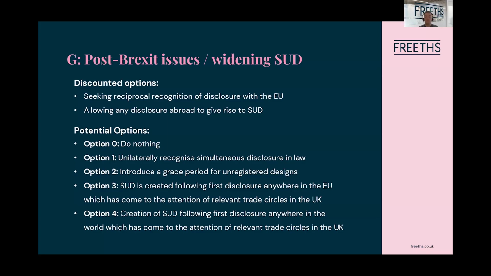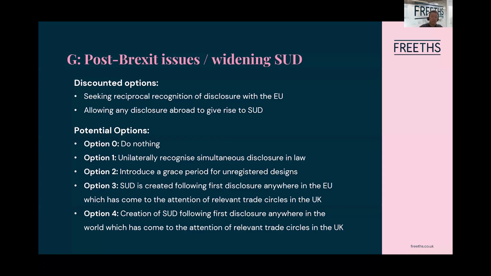So I think the concern here is that any option other than do nothing runs the risk of creating a degree of asymmetry with the EU regime, because the EU regime only grants protection to disclosures in the EU. We think, and I say we think because the recent EU design regulation, which came into force in May of this year, has slightly changed the provisions around creation of unregistered EU design rights.